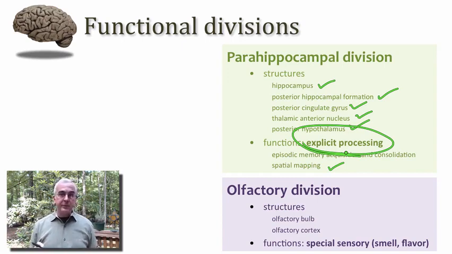So these functions pertain to the explicit representation of the here and the now, understanding where we are in our environment and having the capacity to then take that knowledge and build it up into memory. So these are functions associated with this parahippocampal division.